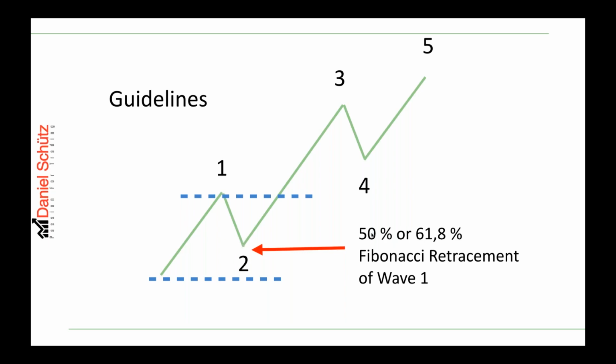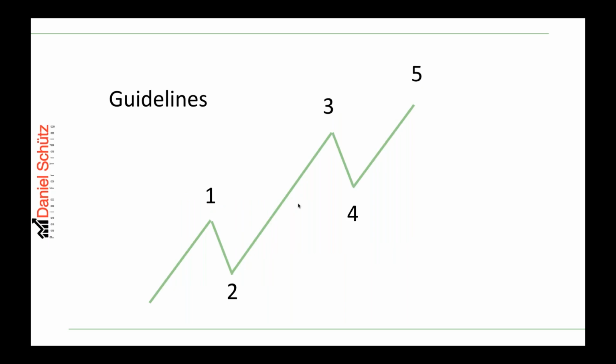We measure from the low of wave 1 to the high of wave 1, and we try to figure out where the turning point of wave 2 is. Is it a 50% or is it the 61.8 Fibonacci retracement of wave 1? So it should be something between 50 and 70%, and 61.8 is the Fibonacci number we are looking for. That's one of the guidelines.